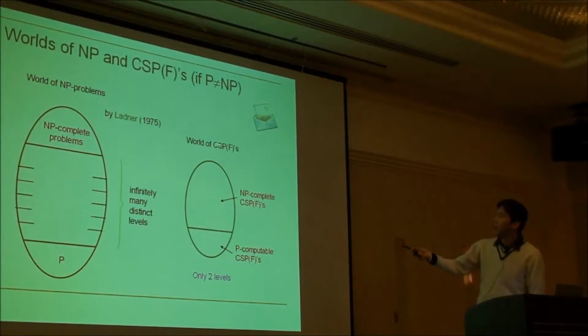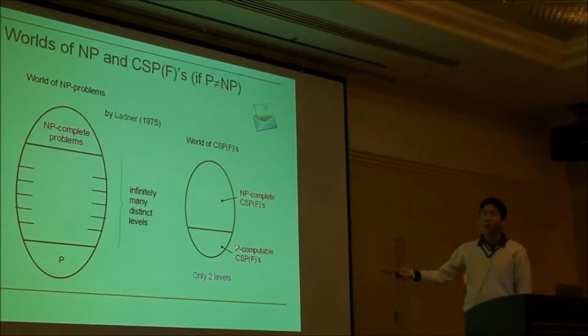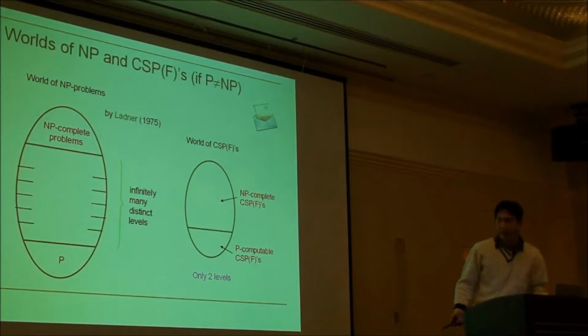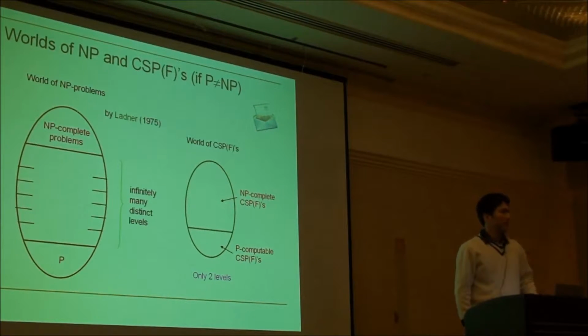But if you look at the CSP problems, we only have two levels, two categories. The first one is the polynomial-time solvable CSPs. The rest belong to NP-complete.